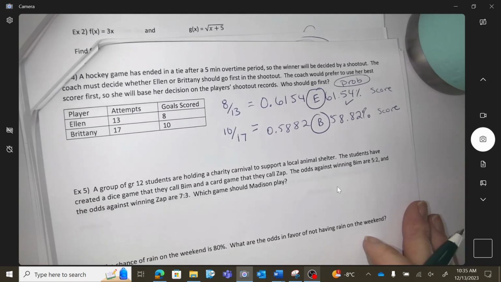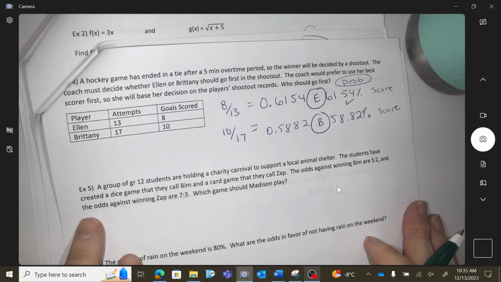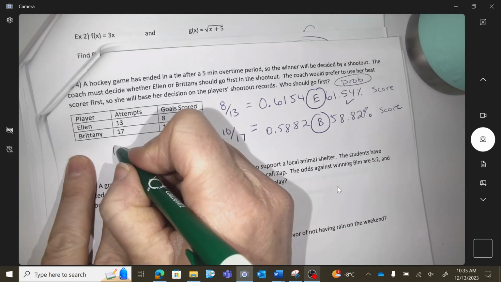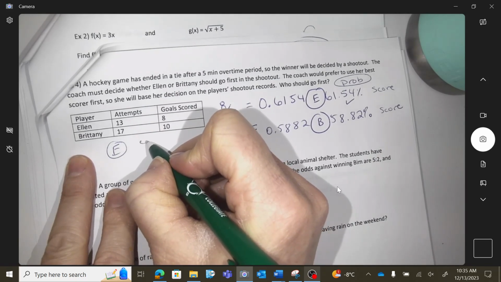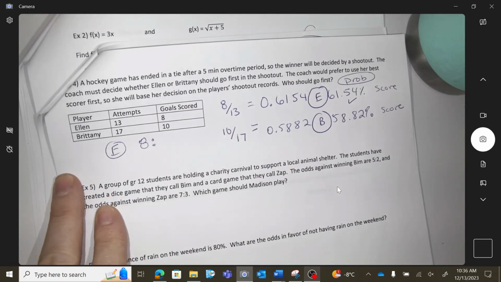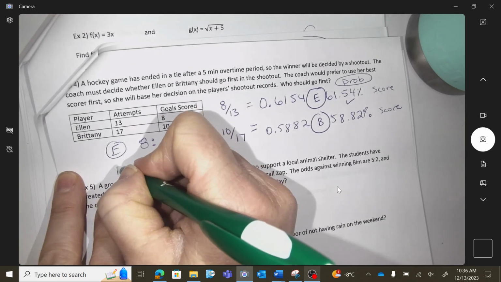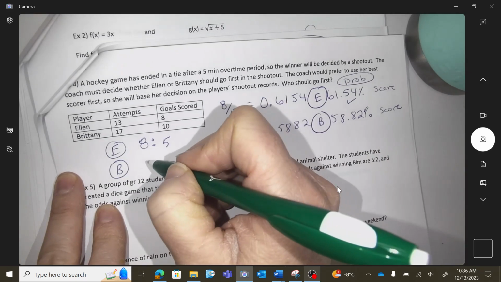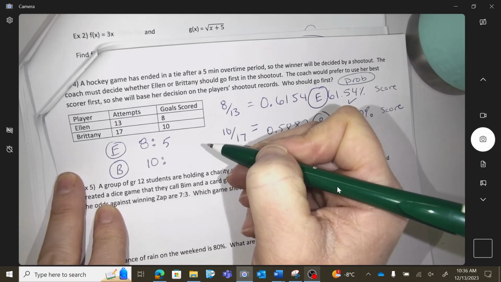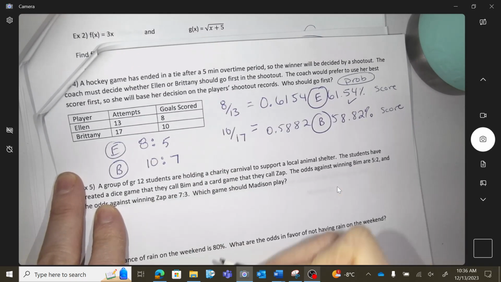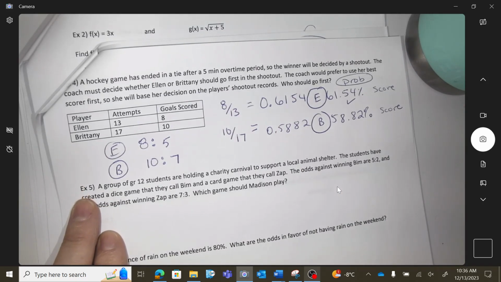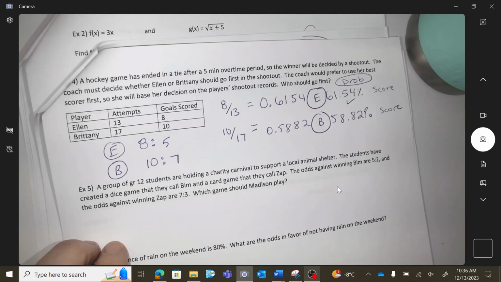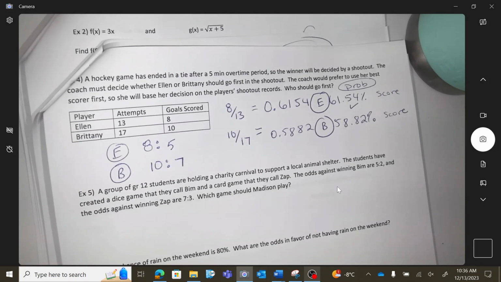Can you also write me the odds for Ellen scoring? So how would you write it? She would score 8 to what? What does she not score? 5. And Brittany, how would you write how Brittany scores? 10, but for every 10 she scores, it would be 7 times. Okay? So those are some things to consider.